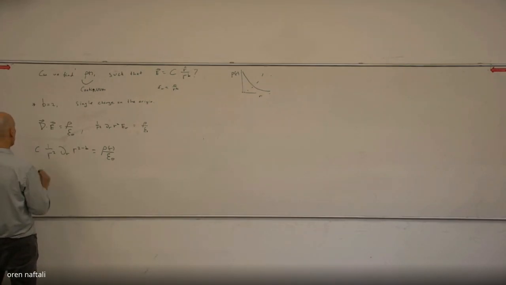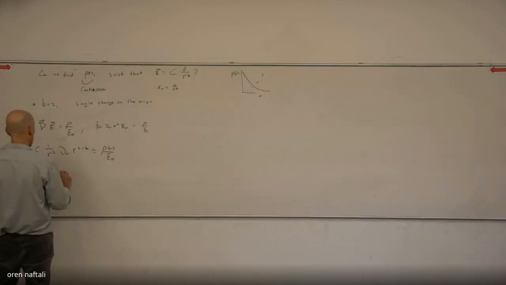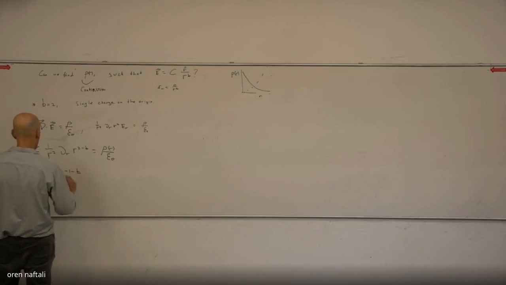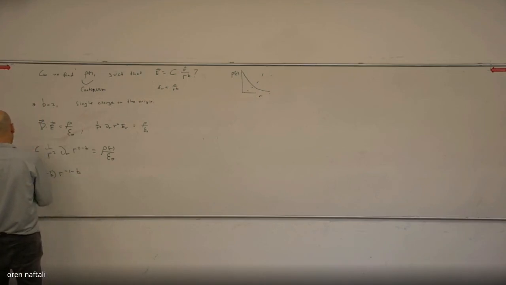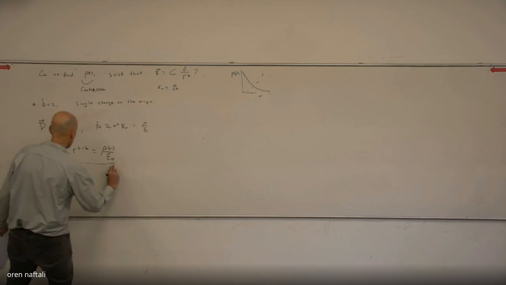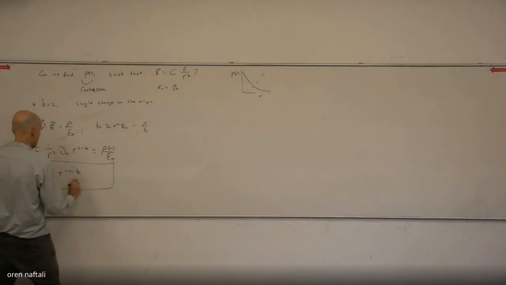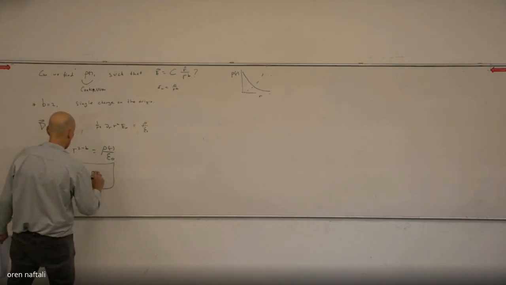Right, and then I take the derivative. Even I can do this derivative, 2 minus b. And then I take the derivative. This would be 1 minus b. I need to divide by this r squared. And then I get r to the minus 1 minus b. If I multiply by epsilon 0, this is my rho of r.